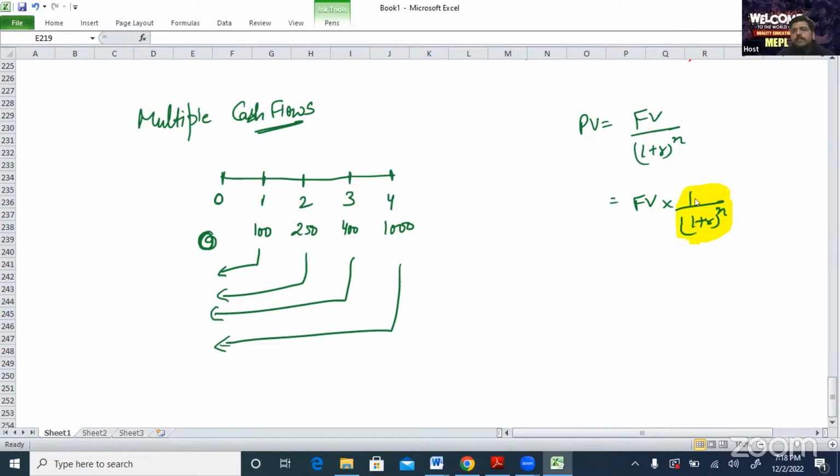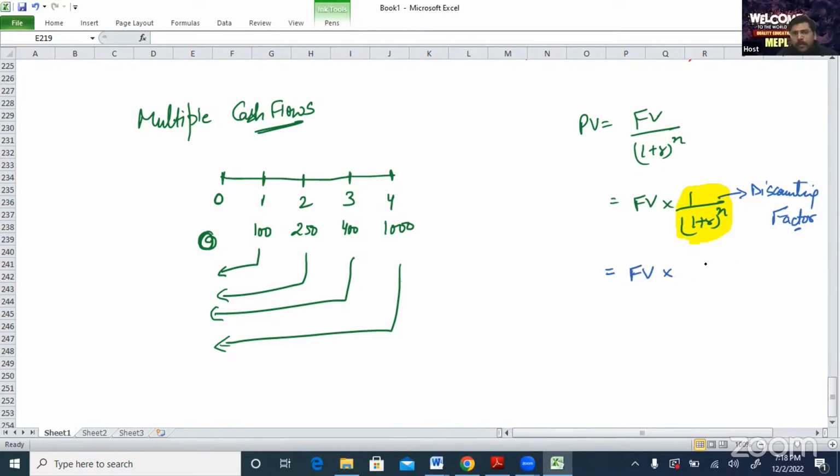So this is 1 plus r raised to the power n. This component is called the discounting factor. So I can say, if I have to find out the present value, that is basically future value into discounting factor.